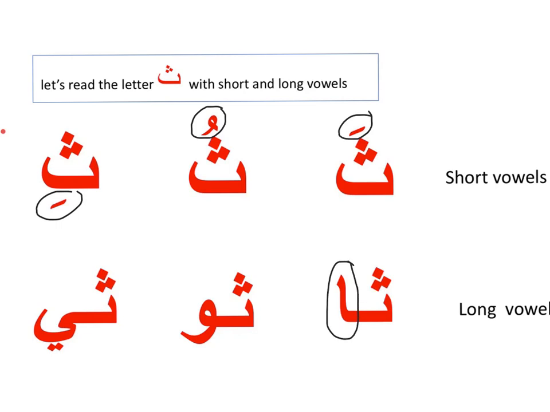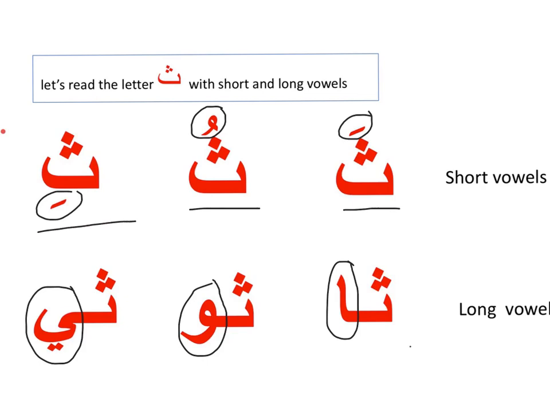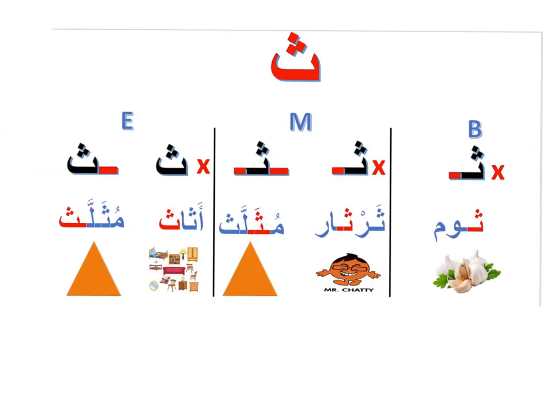Th with the long vowel U, Thuu. And Th with the long vowel E is Thii. Tha, Thu, Thi. Thaa, Thuu, Thii.